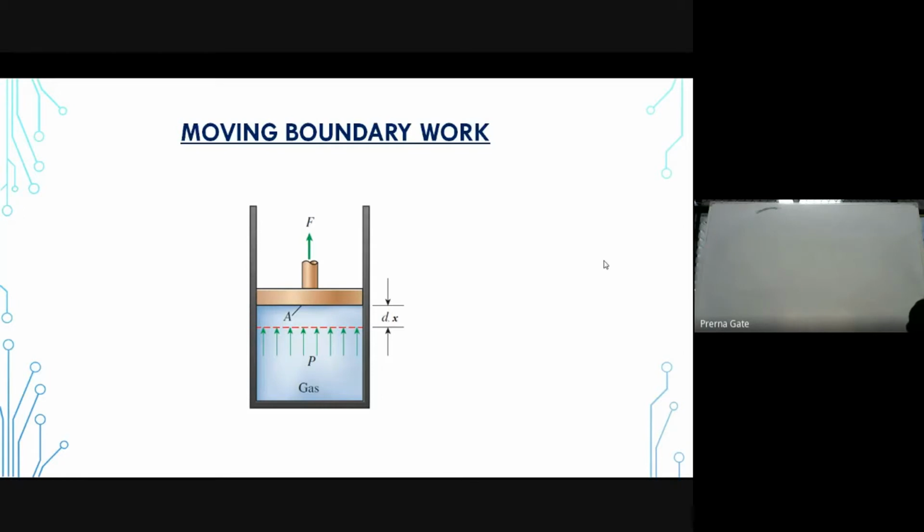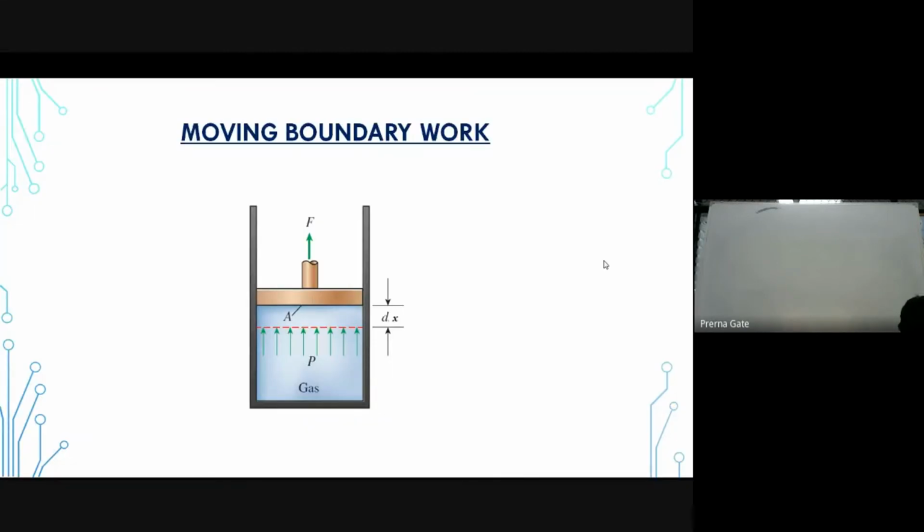Now, in the previous lecture I defined the quasi static process. We discussed what is a reversible process and what is an irreversible process, and we saw that no process can be reversible. There is always some sort of irreversibility associated with the process which makes it irreversible.